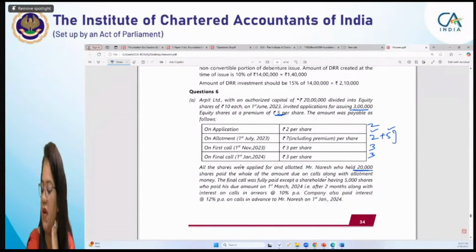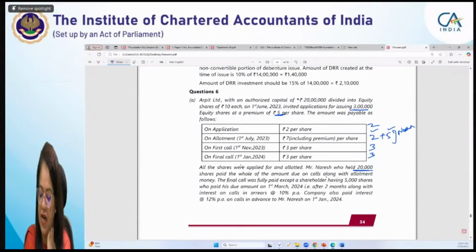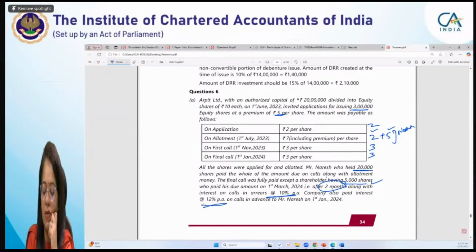Naresh has paid all the amount here only. Alright, and the final call was paid by all shareholders except a shareholder having 5,000 shares. Only one shareholder did not pay, and he paid his amount due after 2 months along with the calls in arrears at 10%. The company also paid calls in advance at 12%. Calls in advance will be paid to whom? It will be paid to Mr. Naresh, who has paid for both the calls.